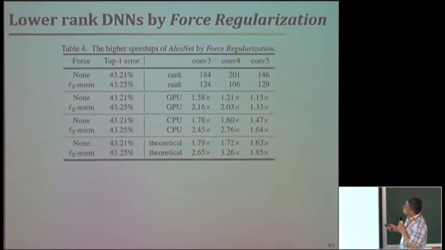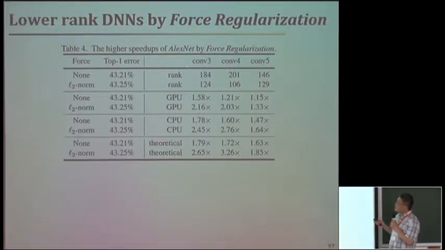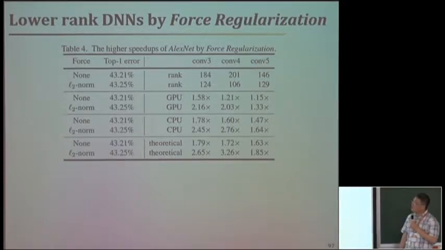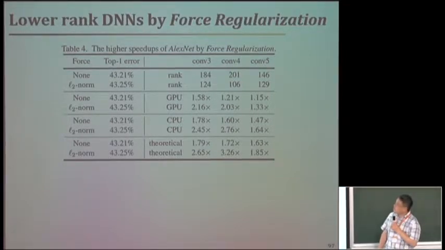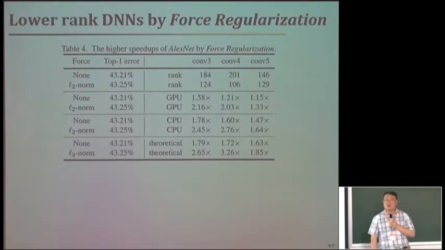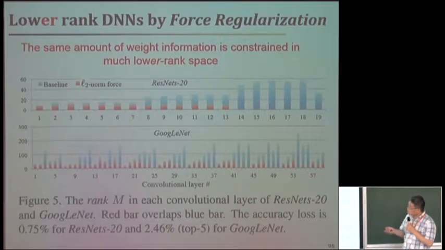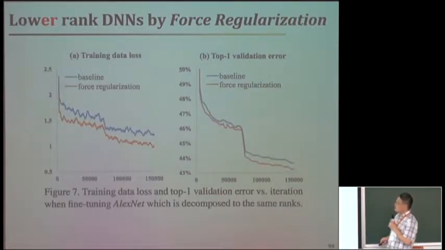This chart shows the highest speedup achieved by the force regularization. We didn't achieve a high speedup for convolution layers 1 and 2, because if you still remember the figures we showed here, the information is pretty much preserved before and after the L2 norm force regularization is applied.